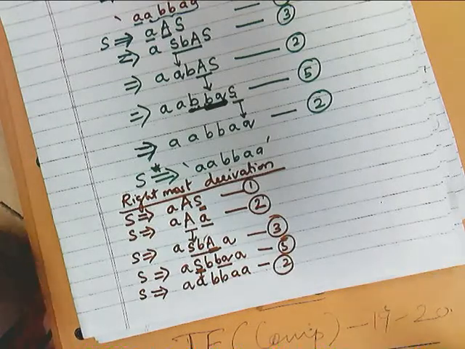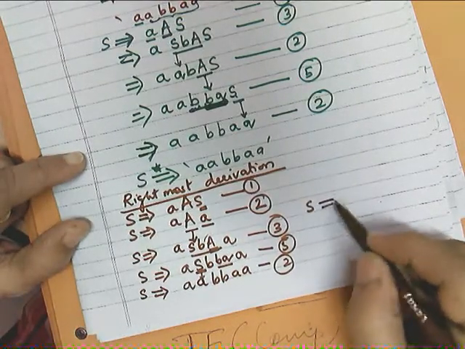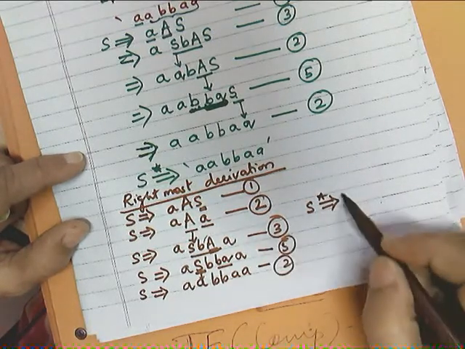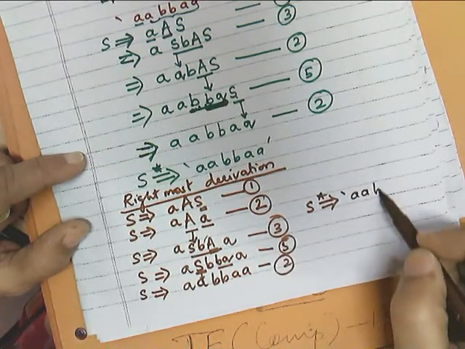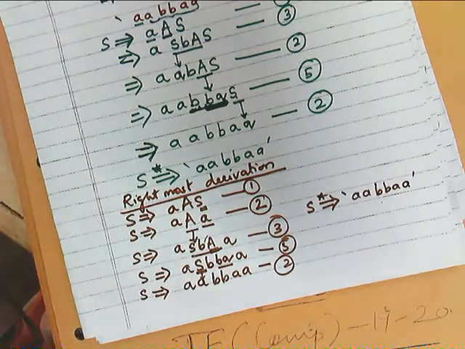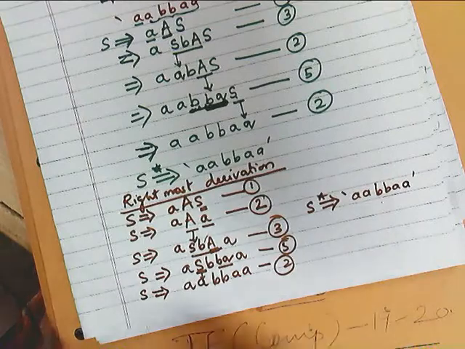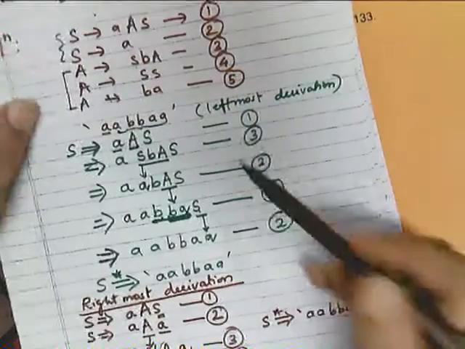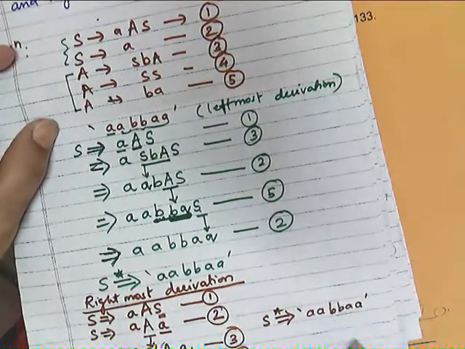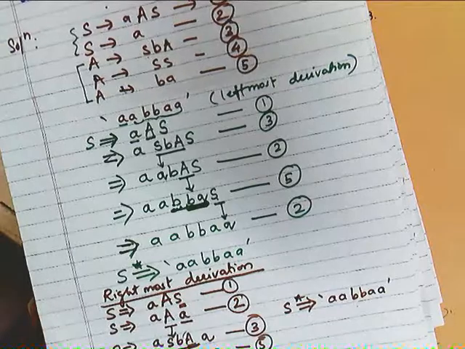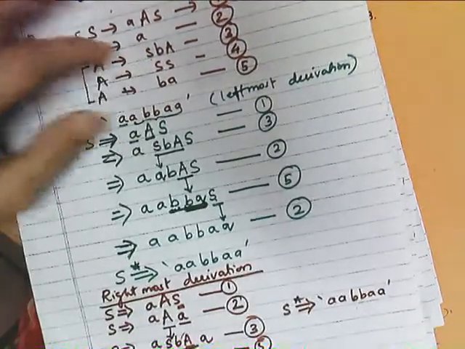Okay, so in the final step we can write S derives AA, BB, AA using the rightmost derivation using this sequence of rules. If you observe, we have used similar rules, but their sequencing is different because our replacement of non-terminal to terminal is also different. So I hope this is clear to you.